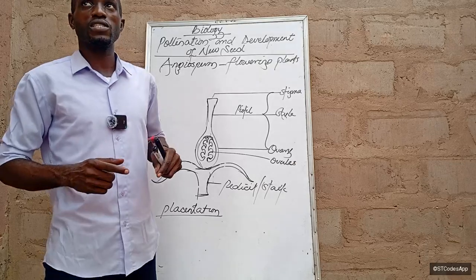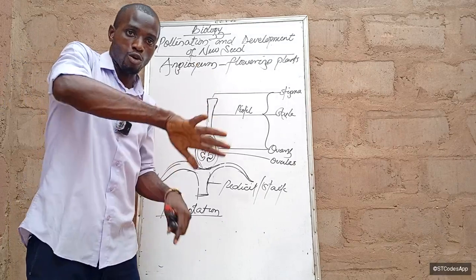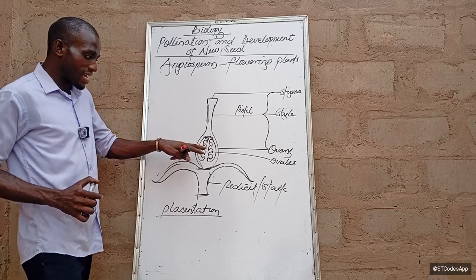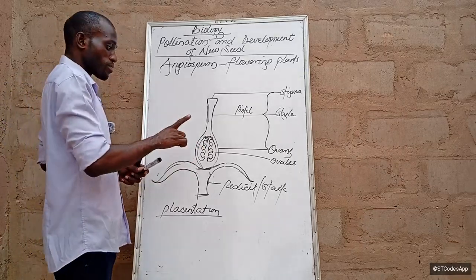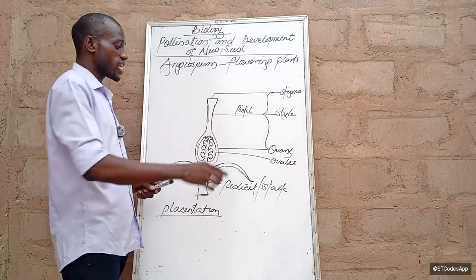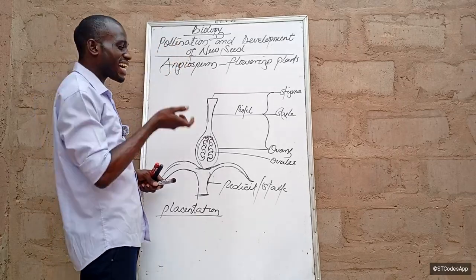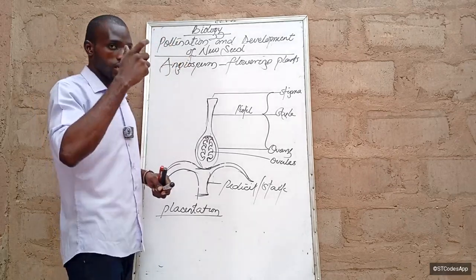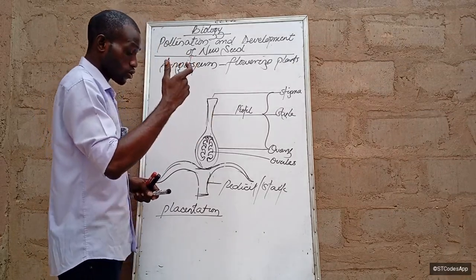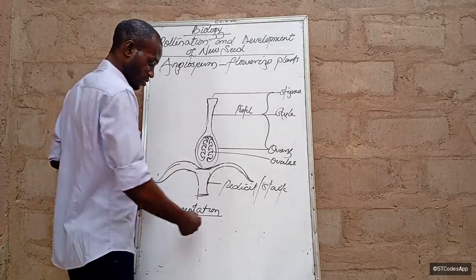The mother uses the umbilical cord to connect to the placenta, which is attached to the wall of the uterus of the woman. The same way, there is a placenta here on the wall of the ovary, such that the ovules which bear the eggs are attached to the wall through that placenta, and that process is known as placentation.